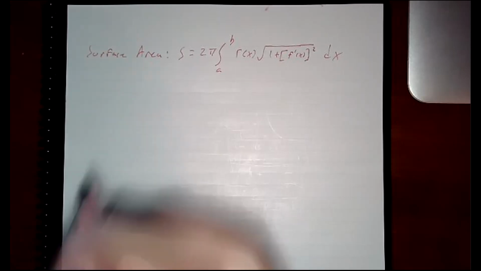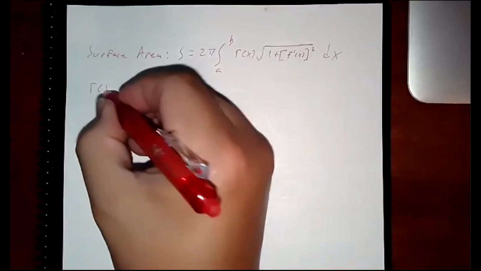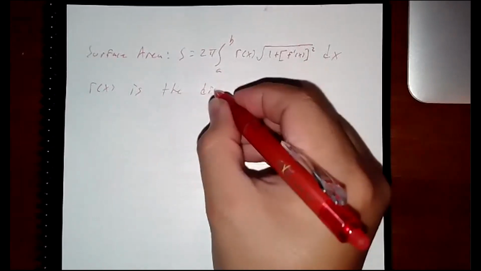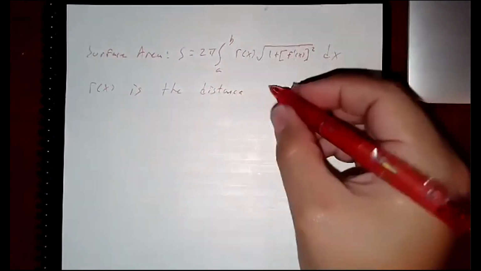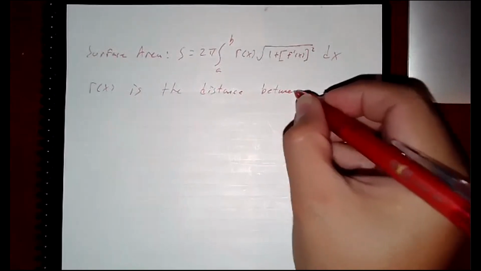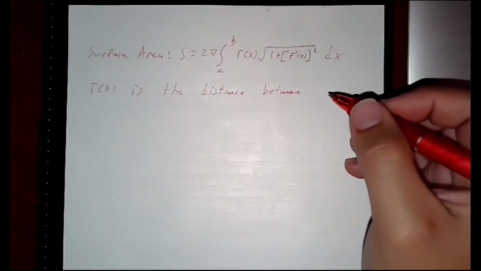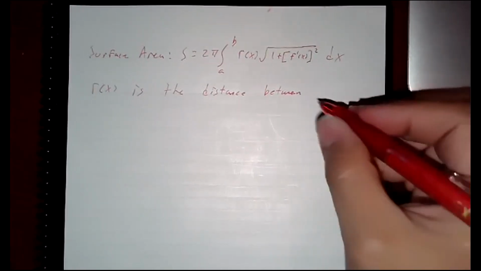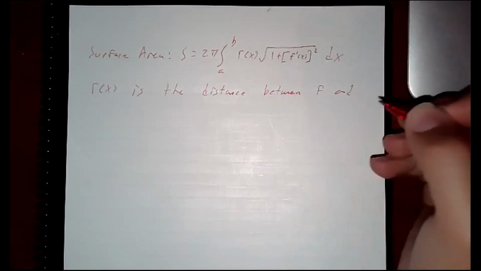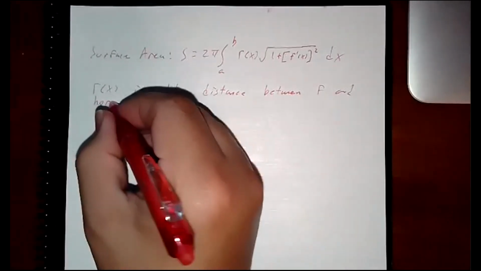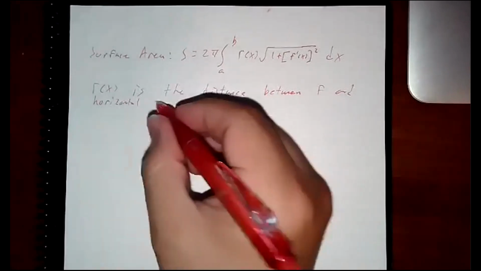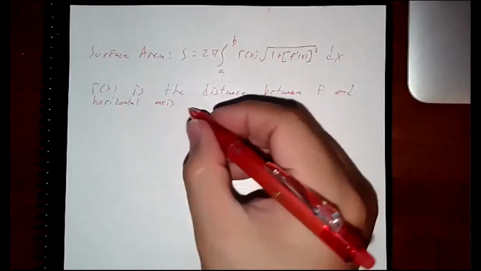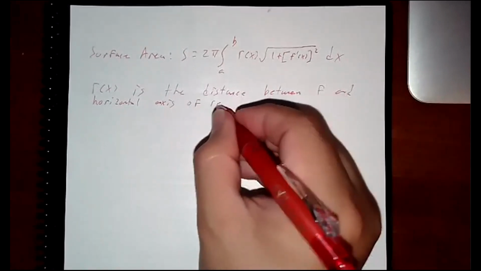So r of x is the distance between the function f and the axis of revolution.